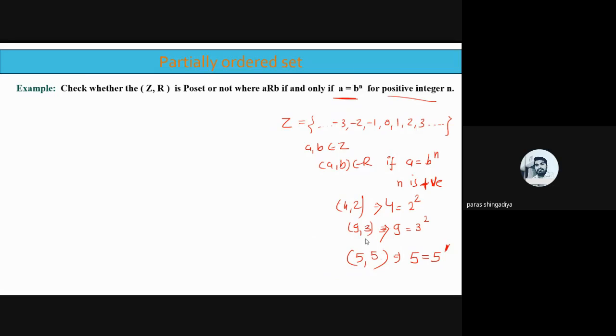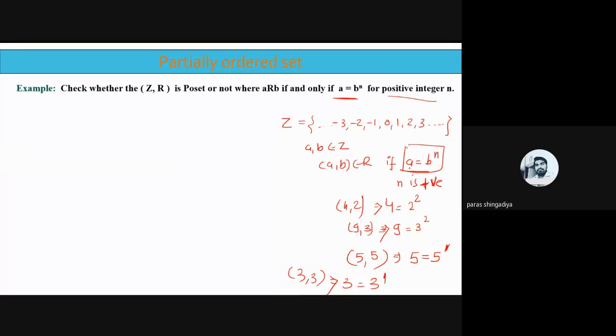So this relation satisfies the reflexive condition. For 3 comma 3 you can write 3 is equal to 3 raised to 1. Then 3 comma 3 belongs to R, if a can be written as b raised to n.